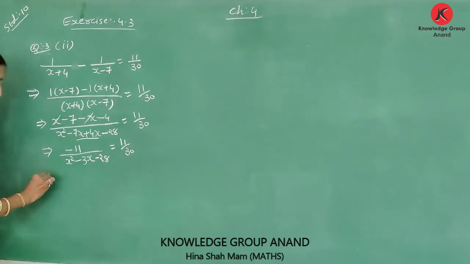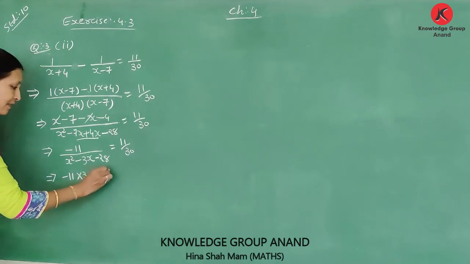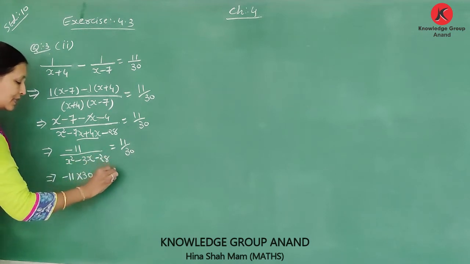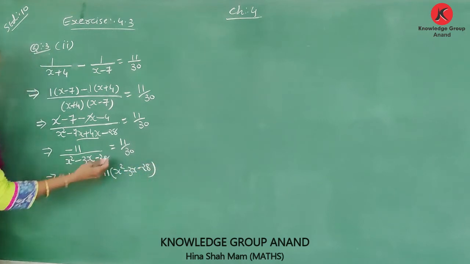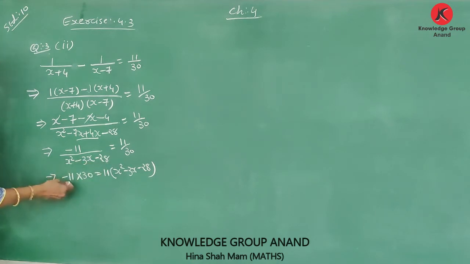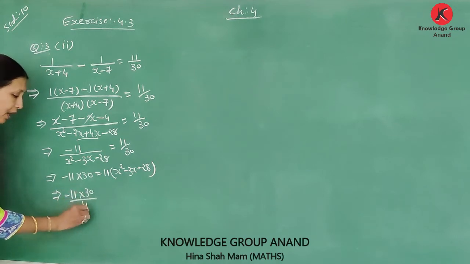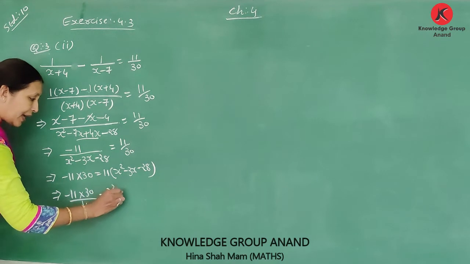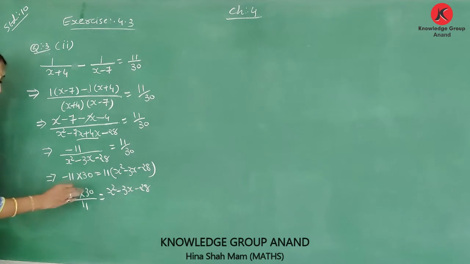Now cross multiplication. Minus 11 into 30 is equals to 11 into this equation x square minus 3x minus 28. Here 11 is a common factor, so we divide: minus 11 into 30 upon 11 equals to x square minus 3x minus 28. The equation becomes so easy.